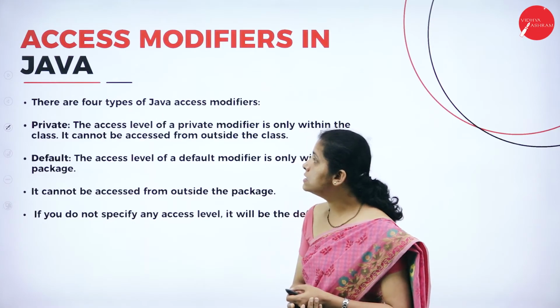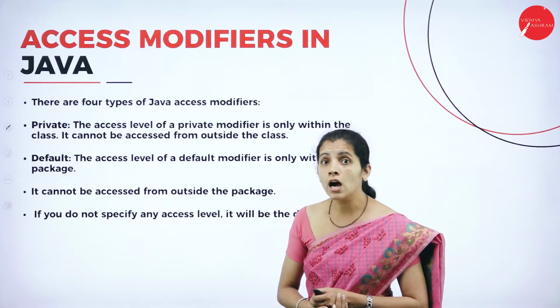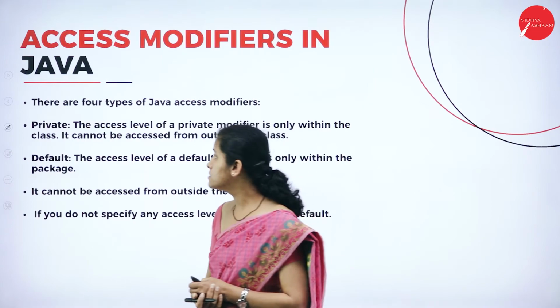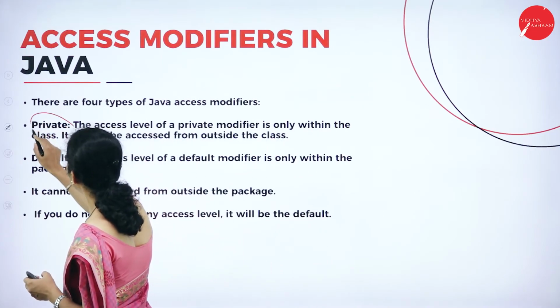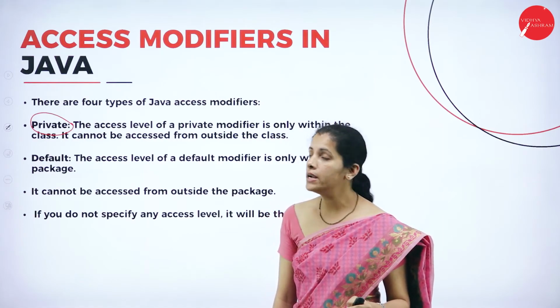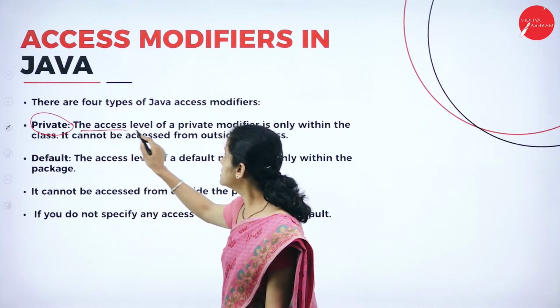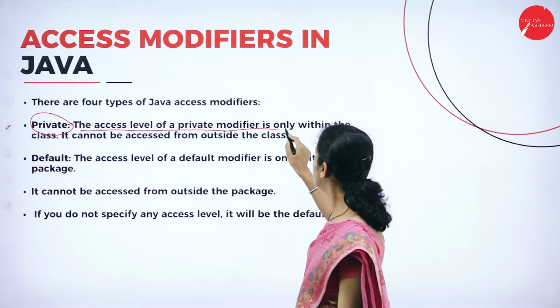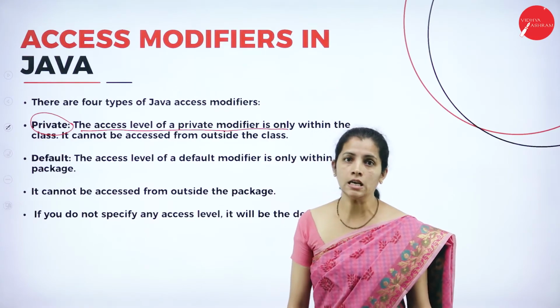So if I consider access modifiers, there are four types of access modifier, and at the beginning I'm going to have private. So what is private? The access level of the private modifier is only within the class.